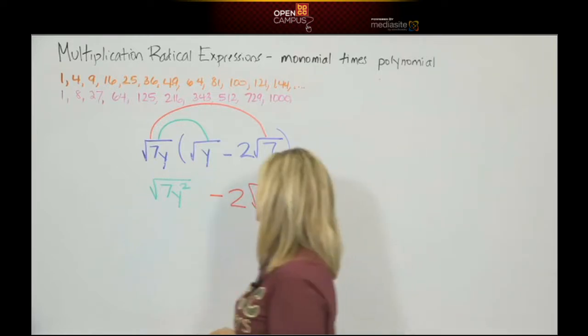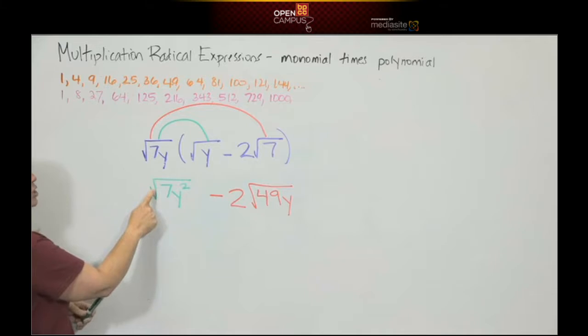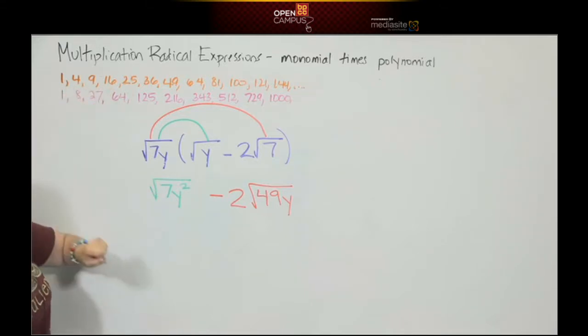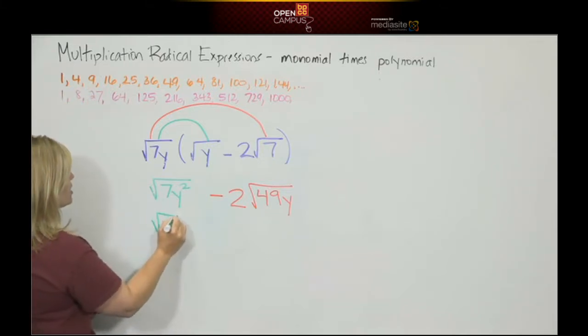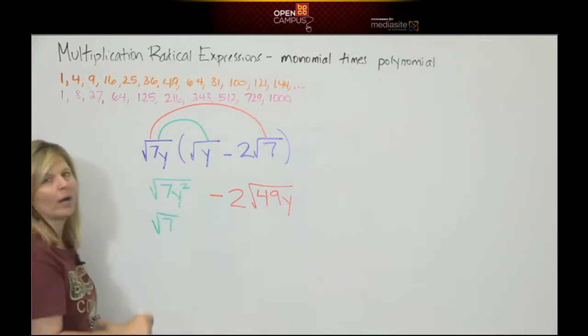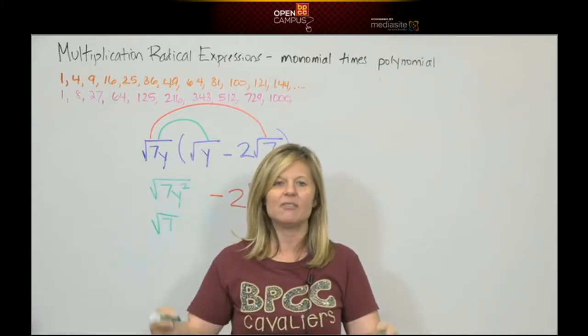So here I go. I have a square root of 7y squared. Can I square root 7? Well, 7's not a perfect square, and there's no perfect square, 4 and 9, none of those numbers divide into 7. So we're left with square root of 7. Can I square root y squared? Well, if a variable is a perfect square, it has an even exponent.